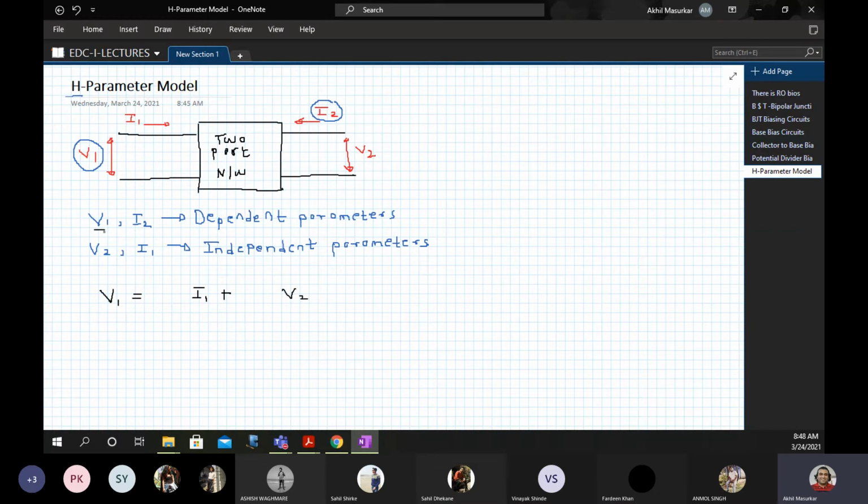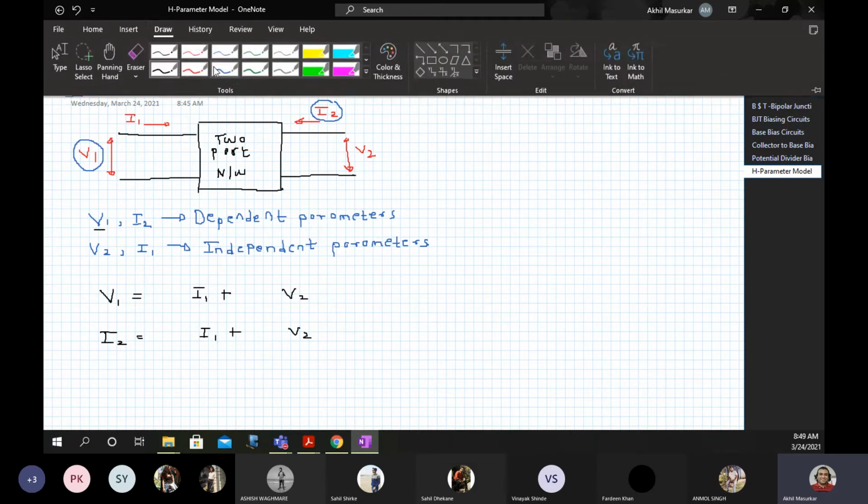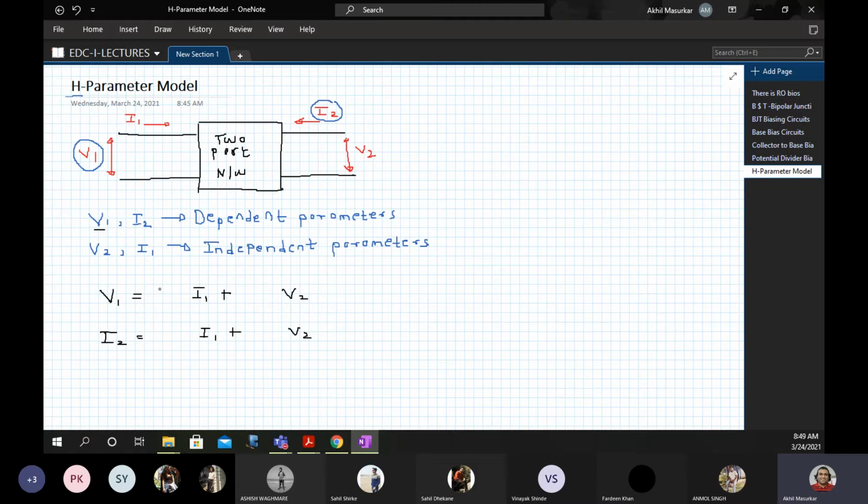So V1 depends on V2 and I1, and I2 also depends on V2 and I1. But what are these parameters then? So here I write H11, here I write H12, here I write H21, and here I write H22.